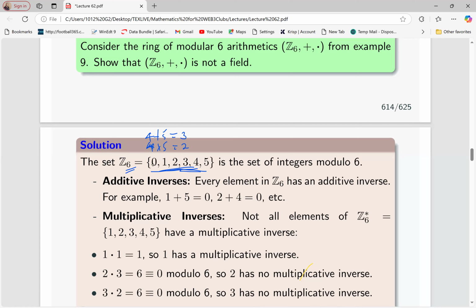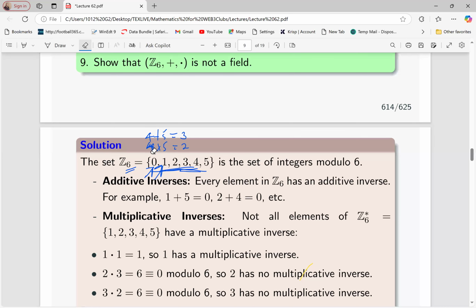So closure has no problem. Associativity has no problem. Identity element has no problem, because we can see the identity element under addition and the identity element under multiplication, they both exist. So we just want to check the inverses, whether the elements have both additive inverses and multiplicative inverses.